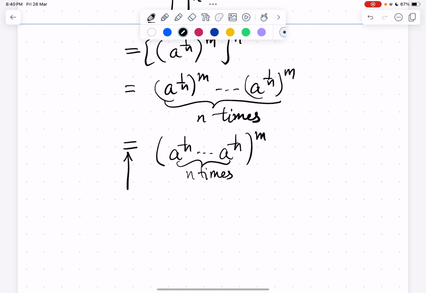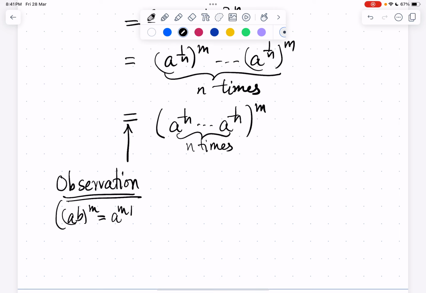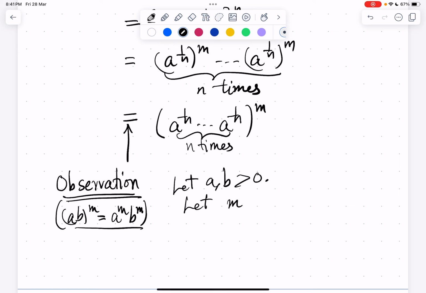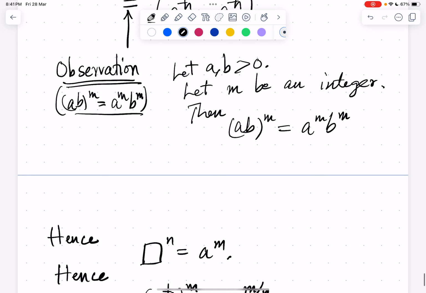This is because we have an observation, which is basically that (ab) to any integer power is a to that integer times b to that integer. Let a be greater than 0, let m be an integer, then (ab)^m we can write as a^m times b^m. So we are using this observation.